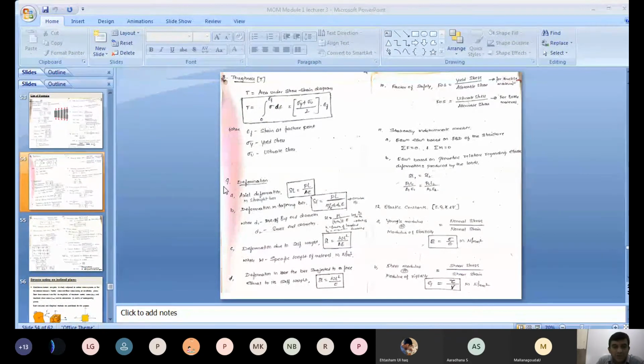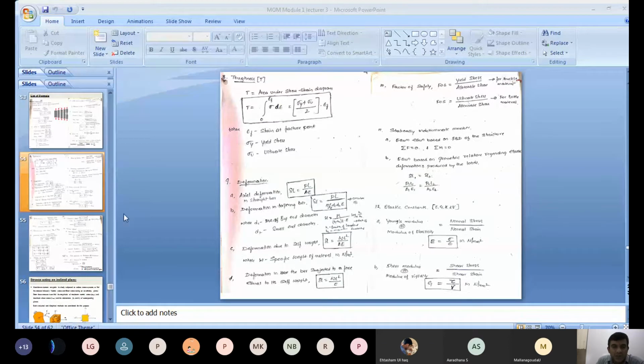Remember this formula: delta L is equal to PL by AE, where P is the external applied load, L is the length of the member, A is the cross section of the member, E is the Young's modulus of the material. What is the unit? Here I missed the unit. Write down the unit: delta L is equal to PL by AE in millimeter.